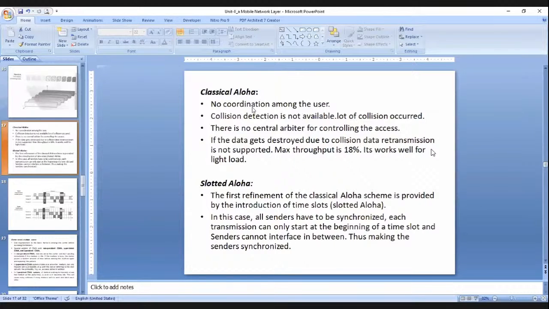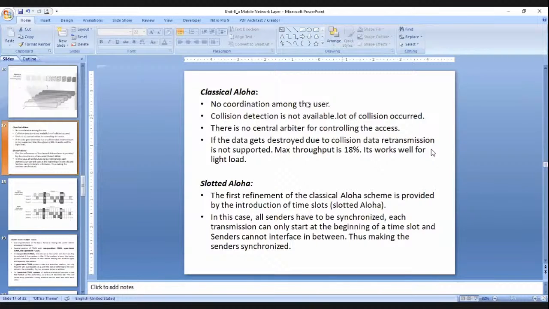There is no coordination among the users. Because we have multiple connections to be established, to which user a particular channel has to be allocated, and at what time, was completely dynamic. So collision detection is not available.